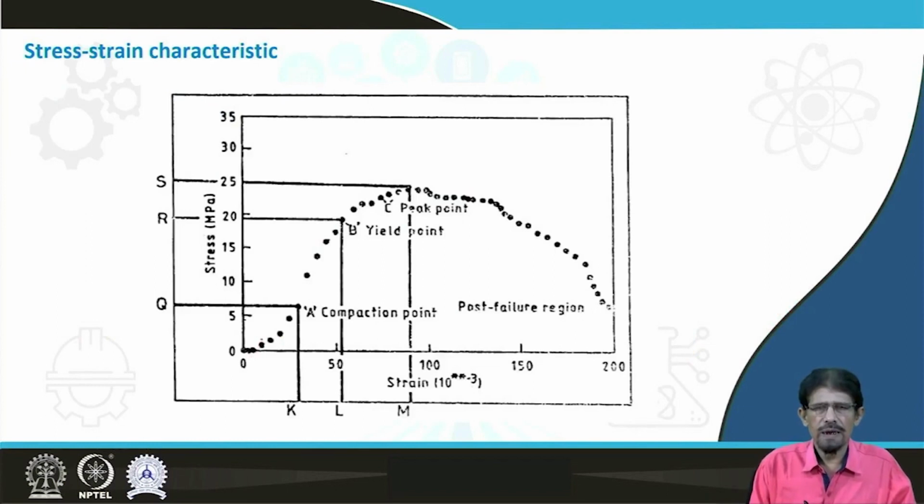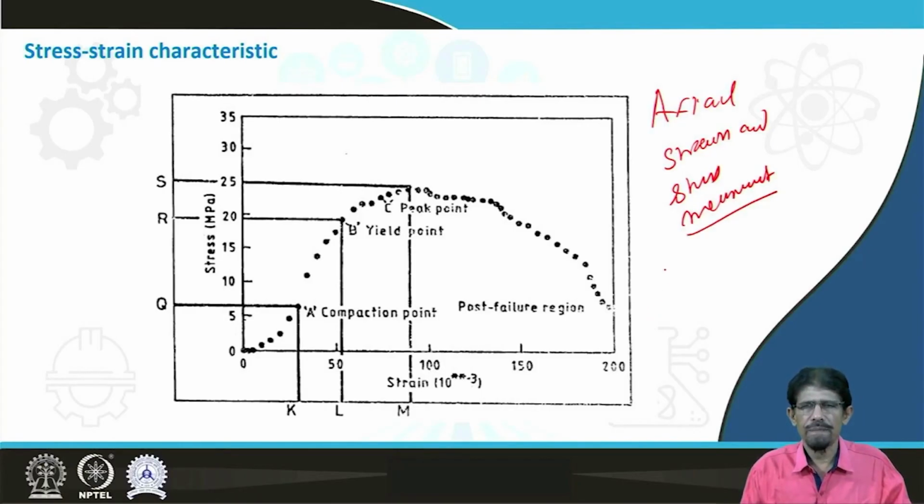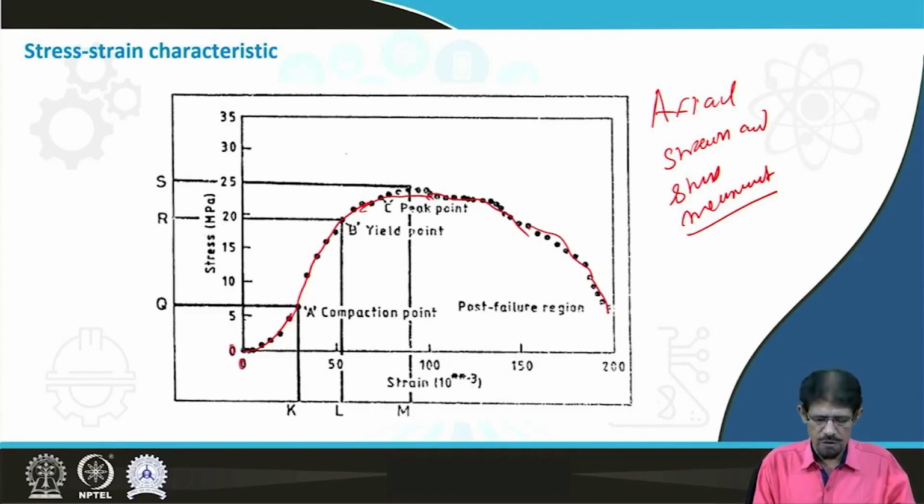Here we have already plotted the stress and strain, particularly through axial strain and stress measurement. This experiment was carried out by me. If we look at the increment in stress-strain behavior, when it is 0, there is no strain at 0 stress.